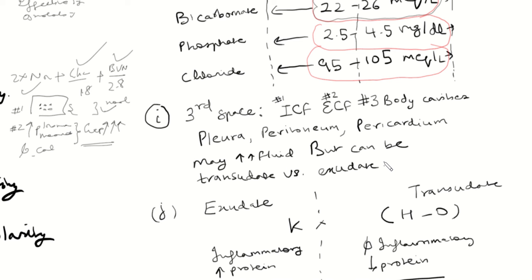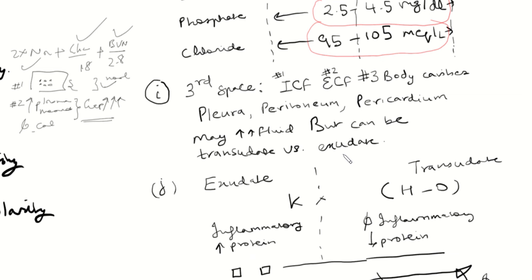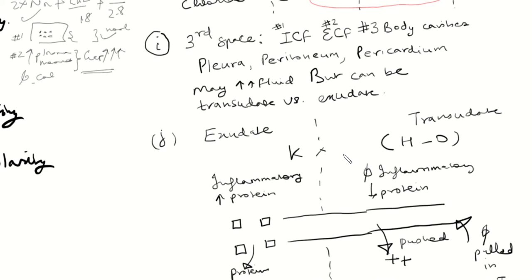One may have increased fluid in these cavities, or may have increased fluid, called edema, in other spaces like the extracellular space. So when we see edema, whether it be in the third space or in the regular space, which is the ECF, one has to make a determination of whether it's transudate or exudate.